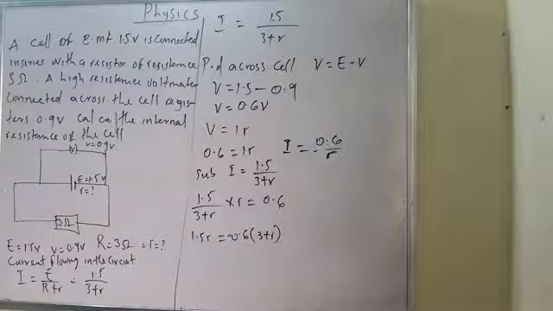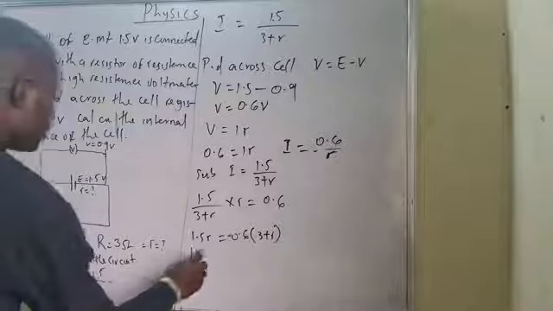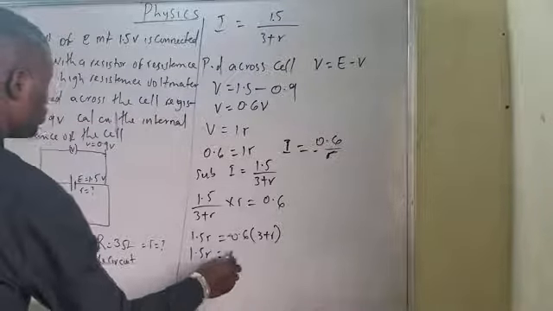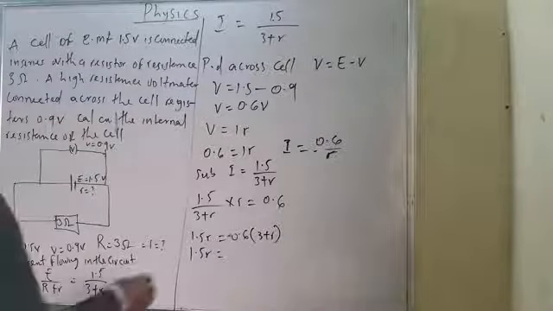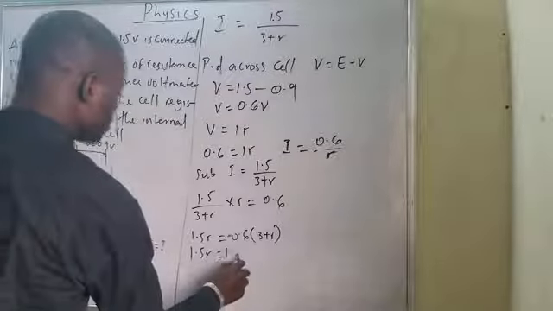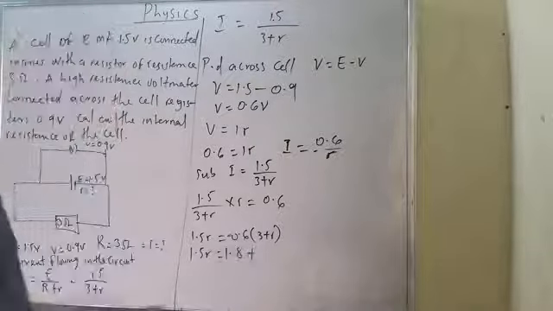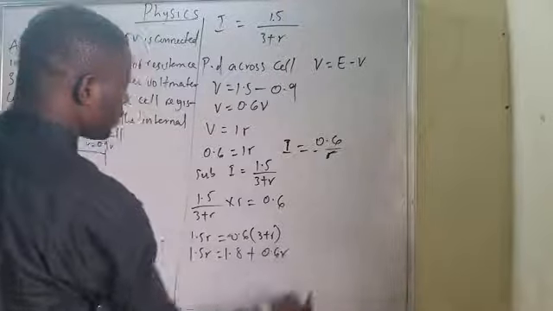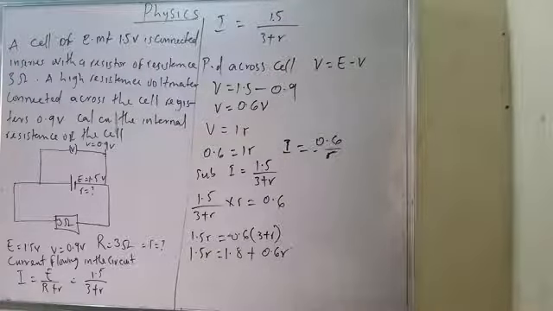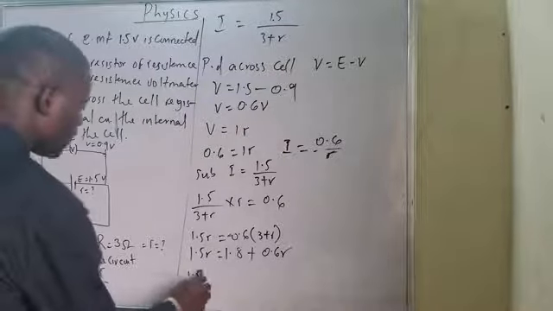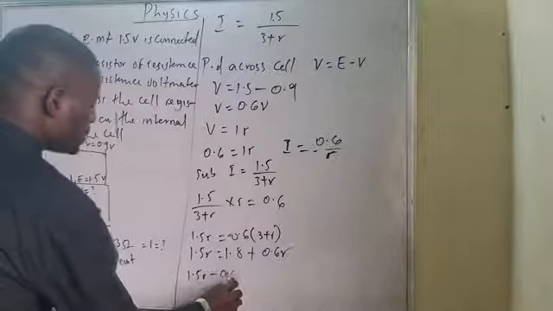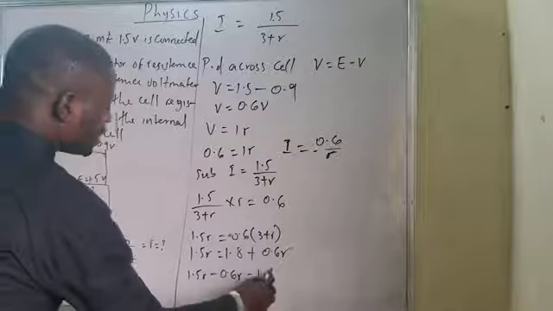Since I have it that way, I'll be having 1.5 r equals 1.8 plus 0.6 r, which by collecting like terms, 1.5 r minus 0.6 r equals 1.8.